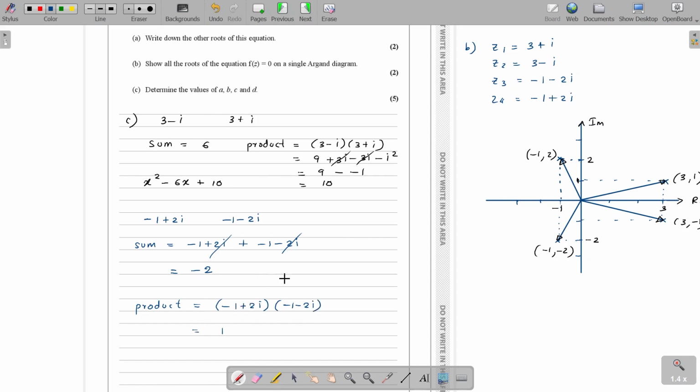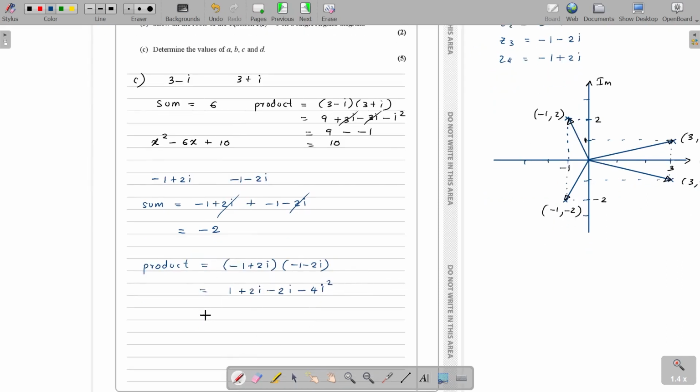Minus 1 into minus 2i is plus 2i. Plus 2i into minus 1 is minus 2i. Plus 2i into minus 2i is minus 4i square. So plus 2i minus 2i cancels. 1 minus 4 into minus 1. So that is 1 plus 4. The answer is 5. Is that okay?